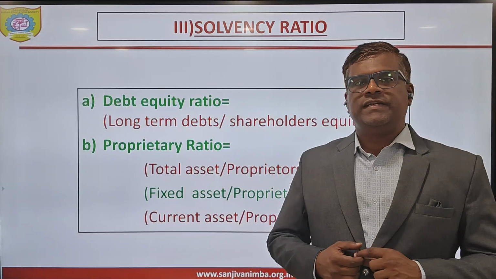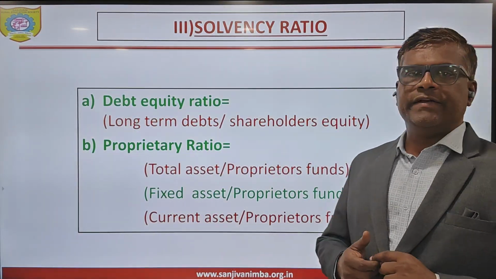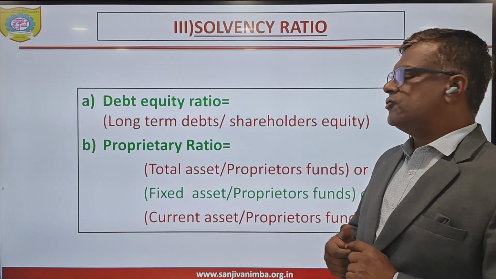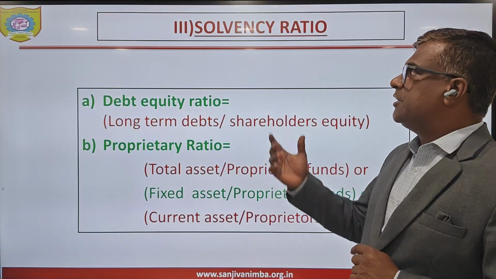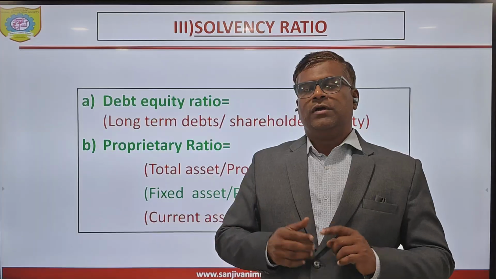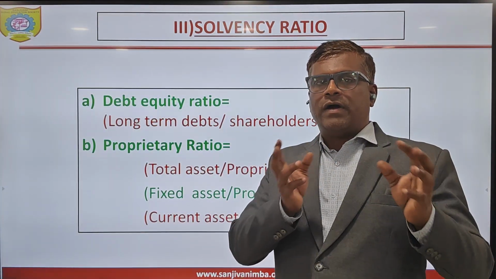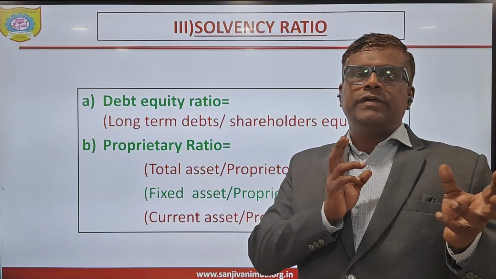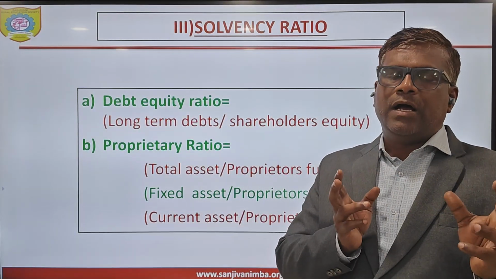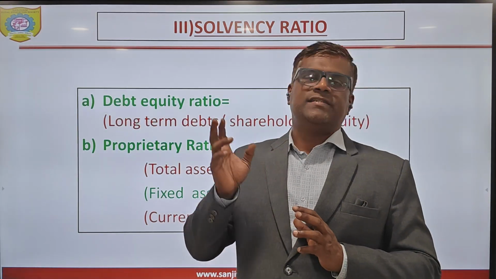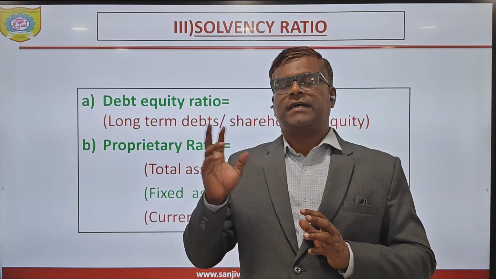So the first solvency ratio is the debt equity ratio. The formula is long-term debts divided by shareholders equity. This particular solvency ratio will help you in understanding the leverage of the amount of debt through which the business has raised capital as against the amount of equity that the business has used in raising the capital.